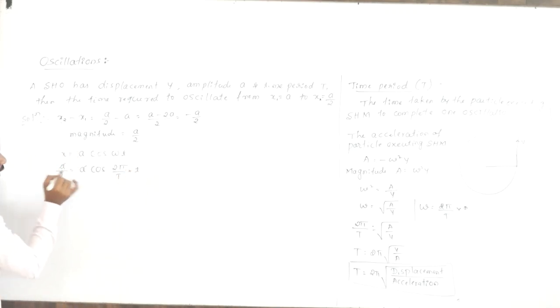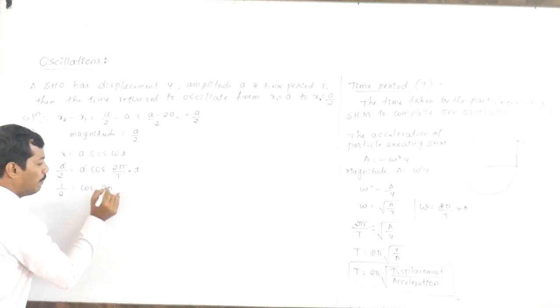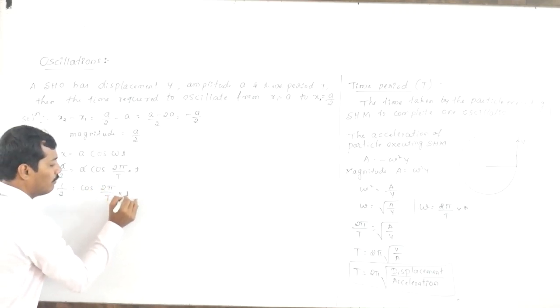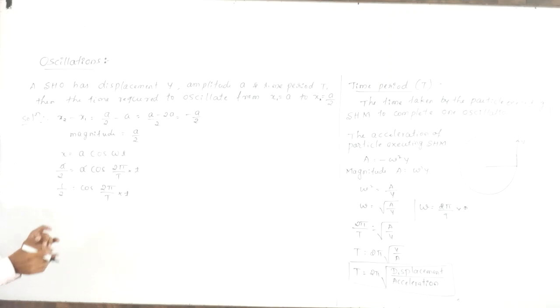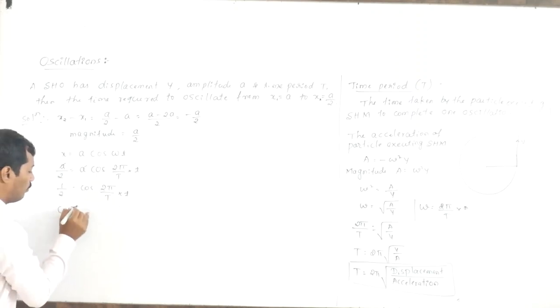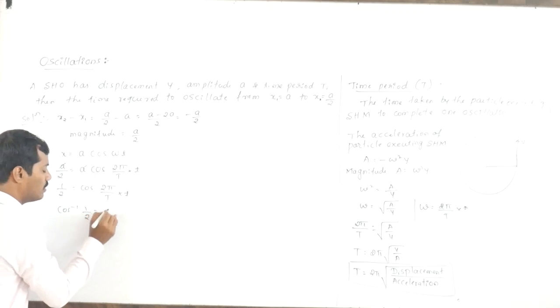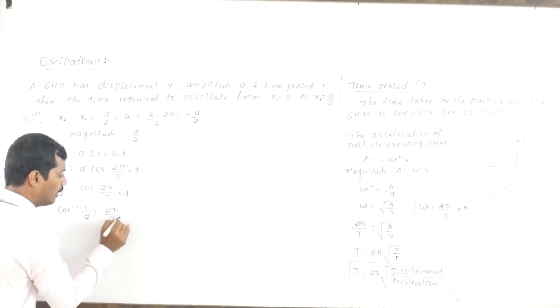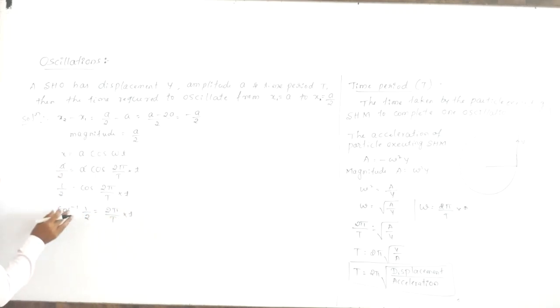A gets cancelled, and the remaining term is 1 by 2 equals cos of 2 pi divided by T times t. Taking cos to the LHS, it becomes cos inverse of 1 by 2 equals 2 pi divided by T times t.